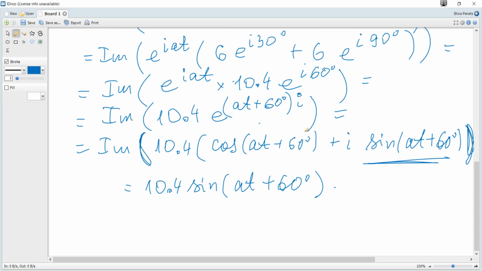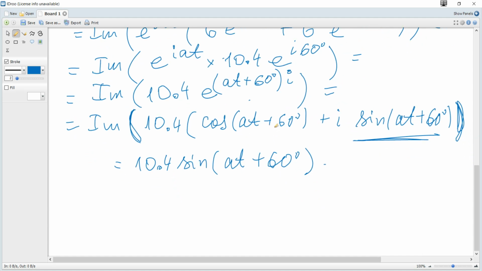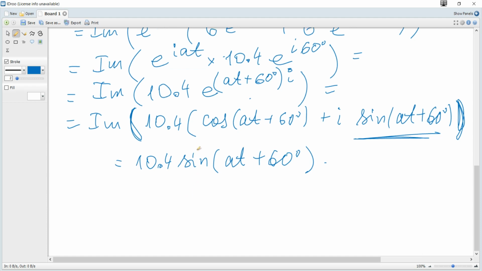A common question is to find the maximum or minimum value of this function. We know that usual sine changes between -1 and 1, endpoints included, but if it is multiplied by some value, now it changes between -10.4 and 10.4, and that is called the range of this function. So the maximum of this function is 10.4.